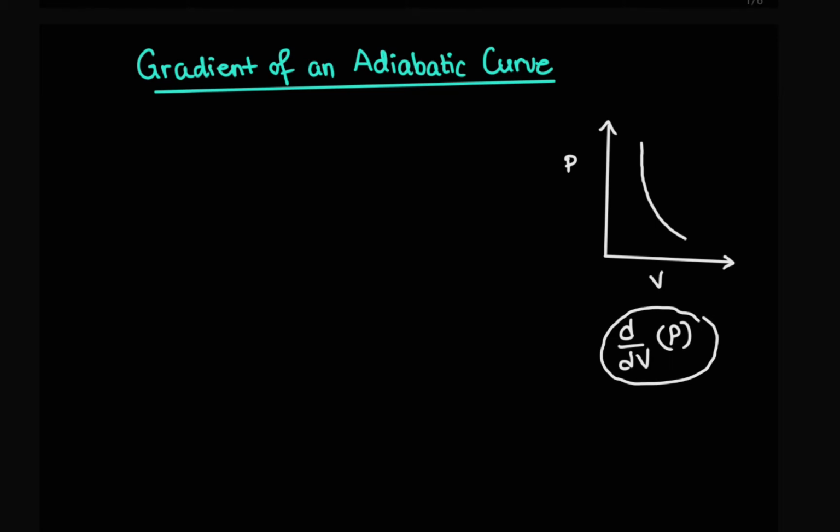Now, in an adiabatic process, we know that PV to the gamma is equal to a constant K, right? And over here, if we differentiate both sides with respect to V, we have that it is equal to 0, right?